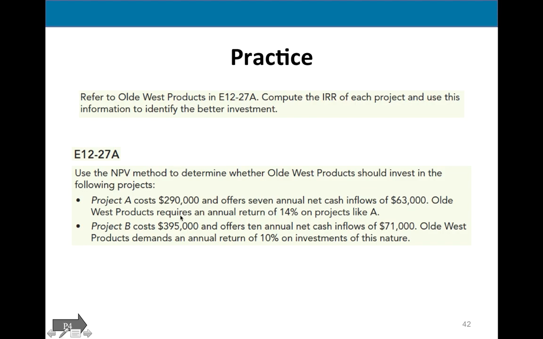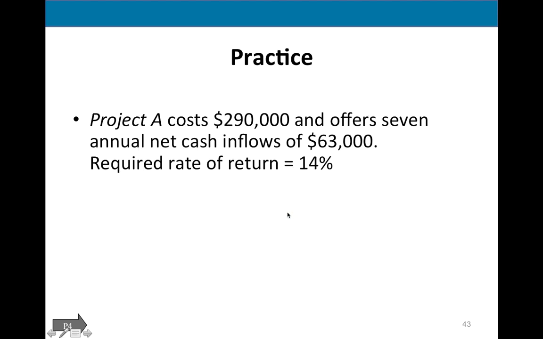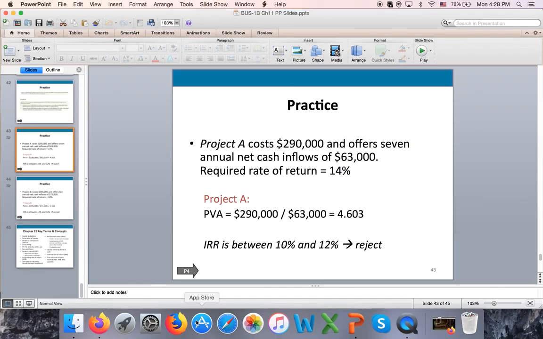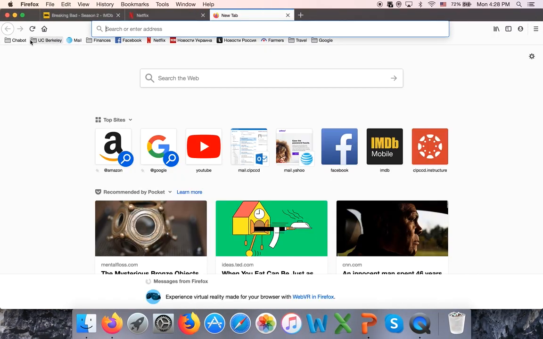And this company has a required rate, which is the hurdle rate, of 14%. So we pretty much just take 290,000 divided by 63,000, we get 4.603.